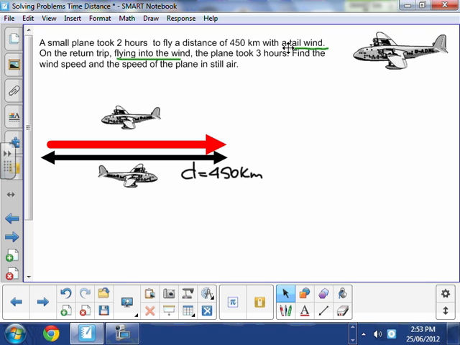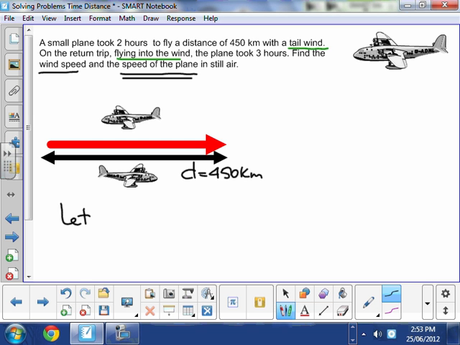Okay, what are my unknowns? Well, in order to figure out the unknowns, it is enough to look at what I'm asked to do. Find the wind speed and the speed of the plane, right? That's correct. So that helps me introduce my variables. What are my two variables?